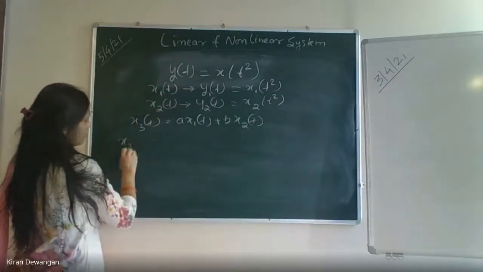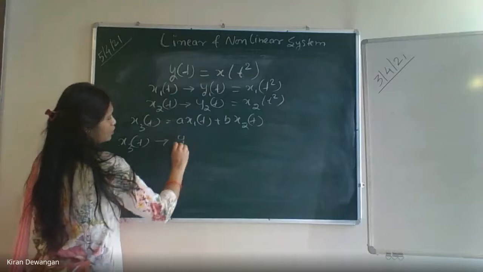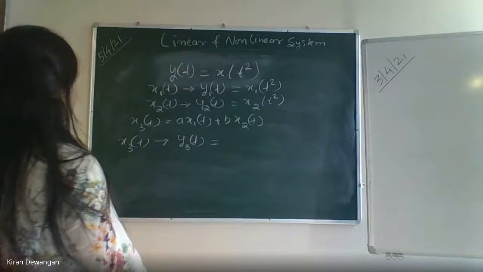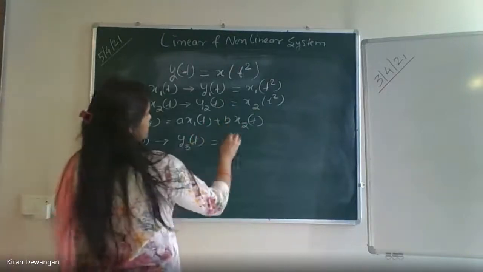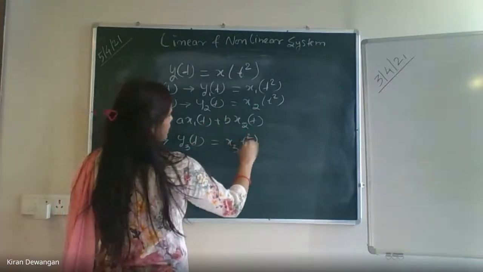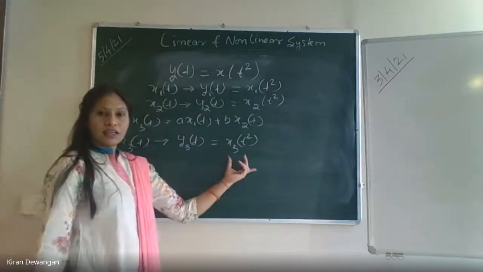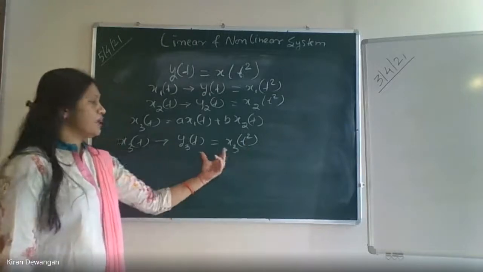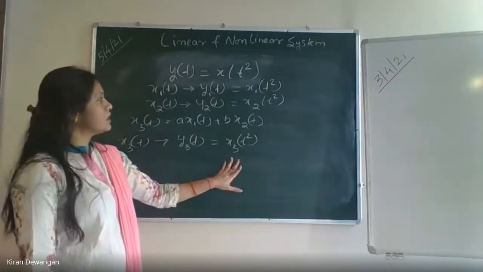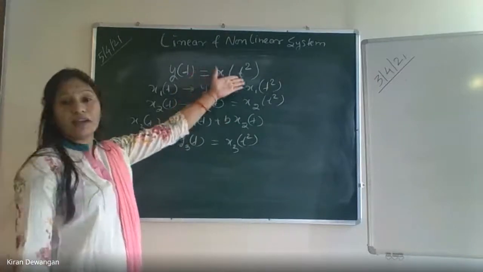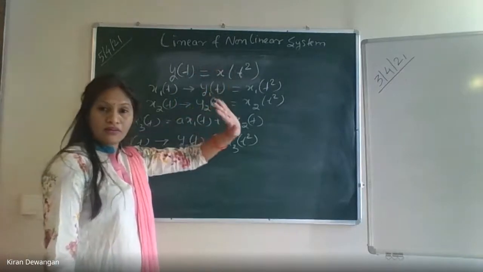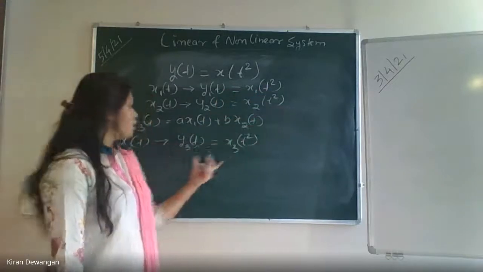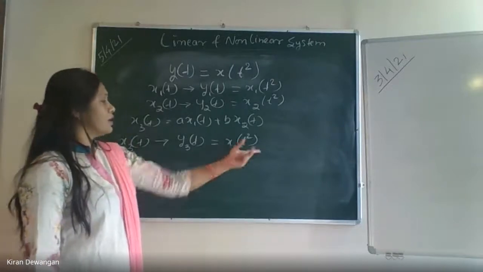Now if I give x3t as an input, the output will be y3t, and y3t is nothing but x3t square. होगा ये x3t में square है, so we cannot change anything inside it. This is x1 है, तो x1t square रहेगा, x2 है, तो it will be x2t square. Now when I am taking x3, तो ये आपका x3t square हो जाएगा.